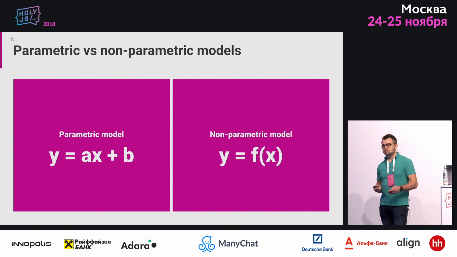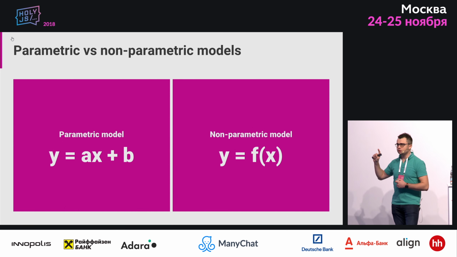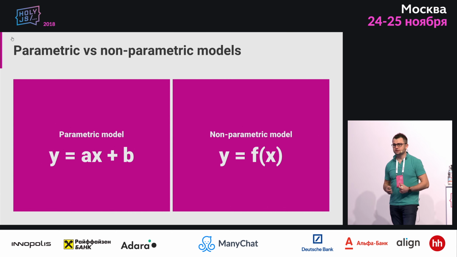So in the first case, we can presume that it's going to be faster, but maybe a little bit less reliable. In the second case, we would be more robust, but we will need more computing power to find the model because there is no formula known as in the first example.